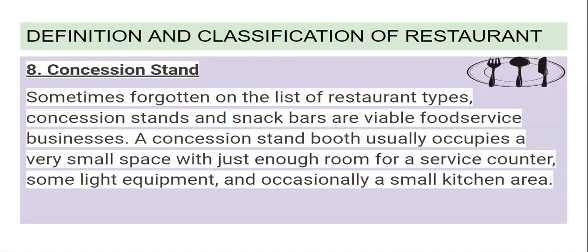Number 4, casual restaurant. 5, specialty drink shop. 6, buffet restaurant. 7, food trucks. And number 8 is the concession stand. Remember these, okay? And the way we define them is by price, service, and what they offer.